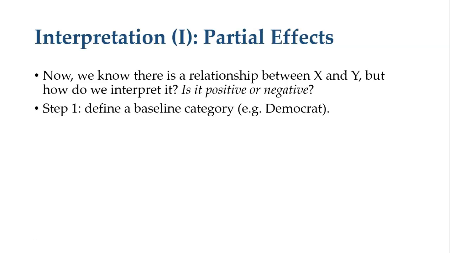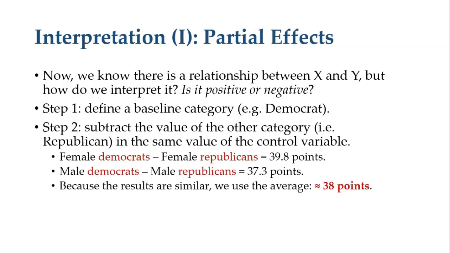For instance, in terms of partisanship, we can say that Democrat is my baseline category, and we want to compare what happens if a person is Republican or independent in comparison with a Democrat. Okay, that's the way that you analyze these results. Basically, you subtract the effect of being Republican from being Democrat, but controlling for gender, right?